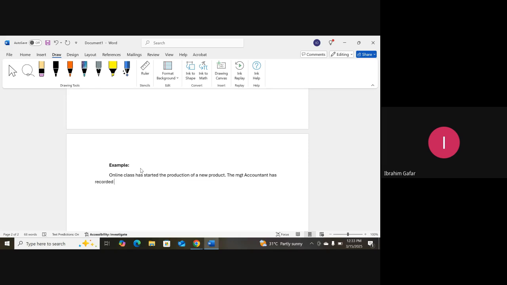The management accountant has recorded the following output and the related cost labor hour.